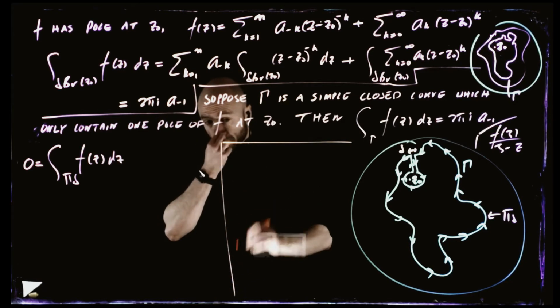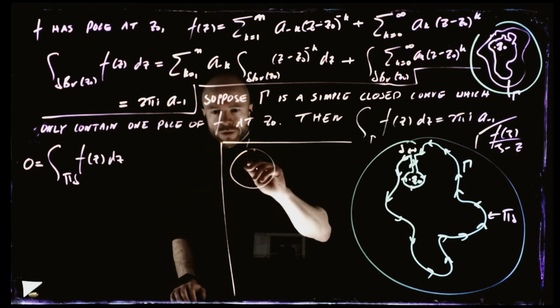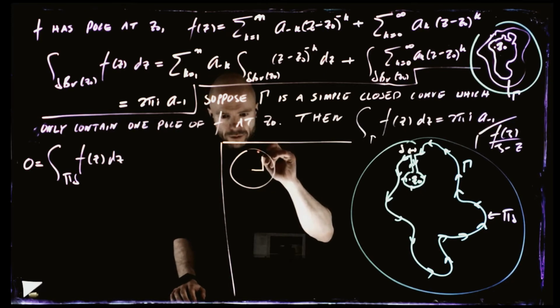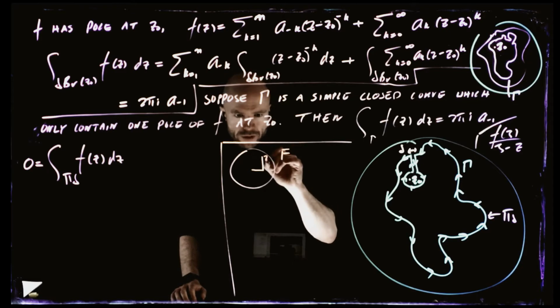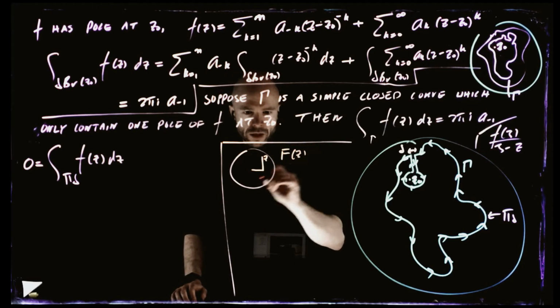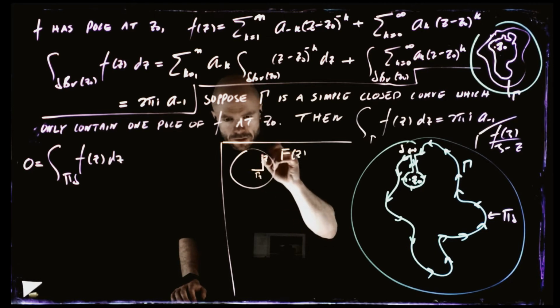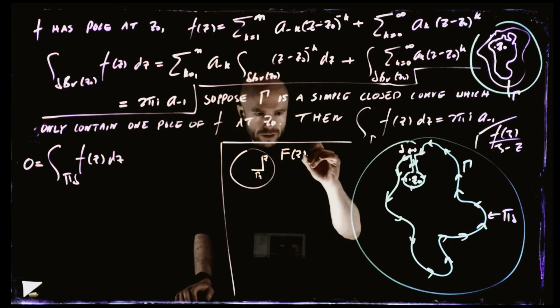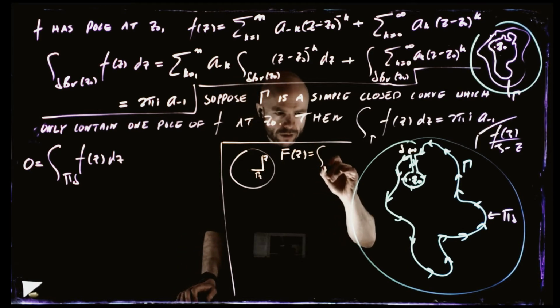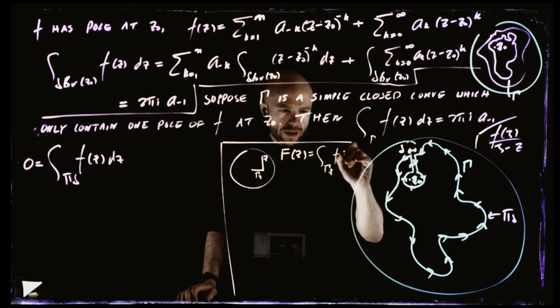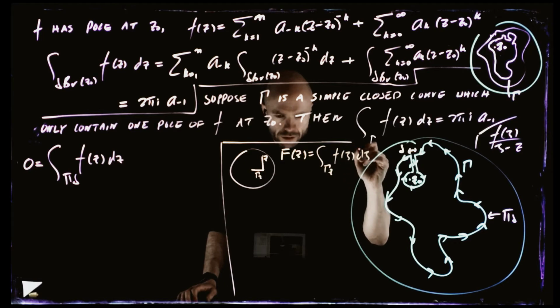So remember, we proved there is a primitive whenever you have a circle. If this is z, we define a function F of z to be the integral over gamma of z, this L-shaped path that goes from 0 to z, of f of zeta d zeta.